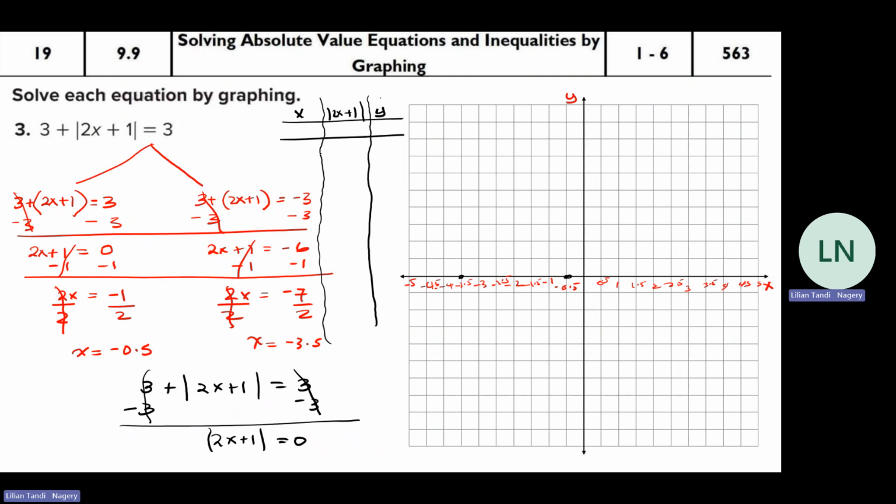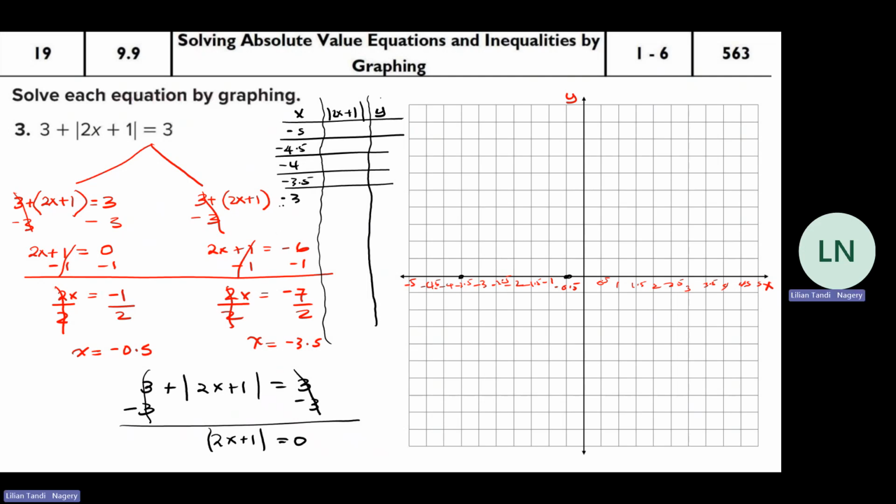So our numbers are 5, negative 5, negative 4.5, negative 4, negative 3.5. I'm going to remove this from here.